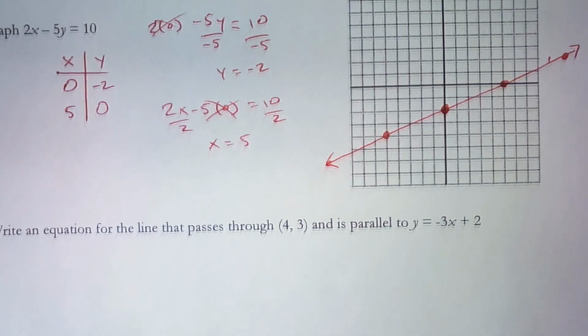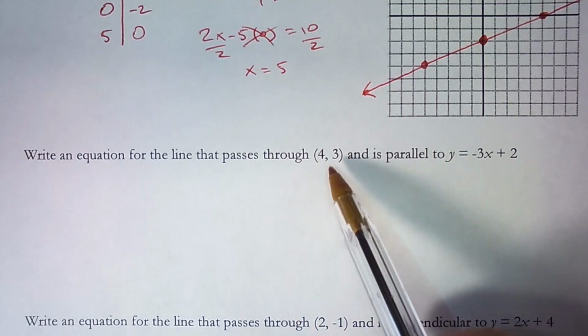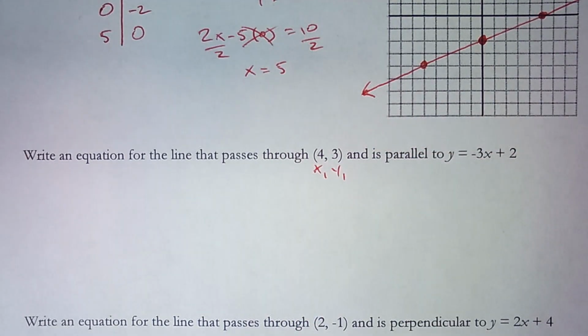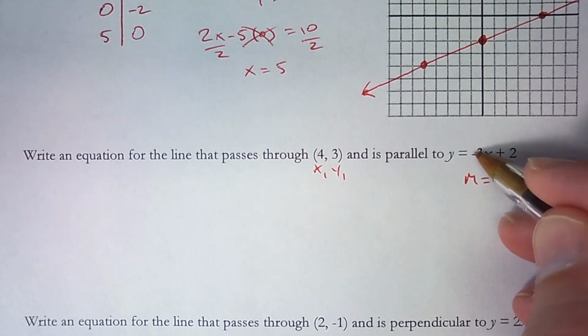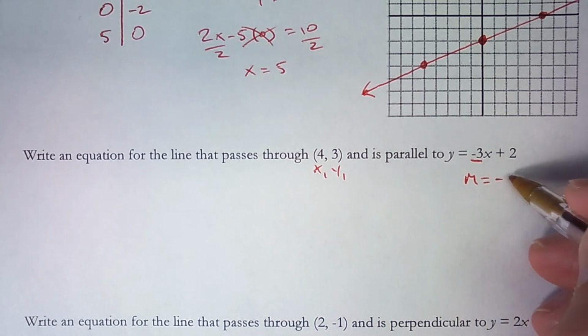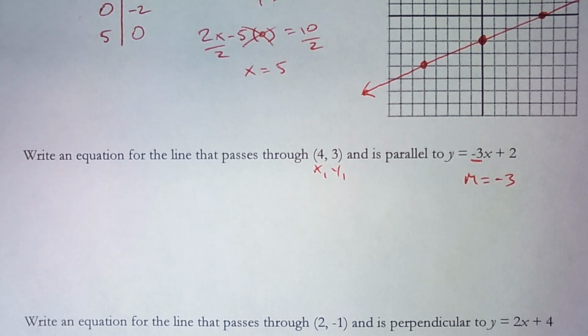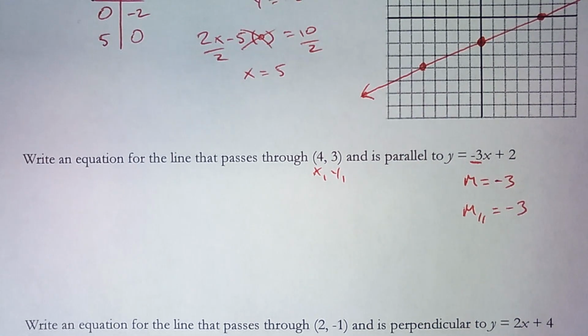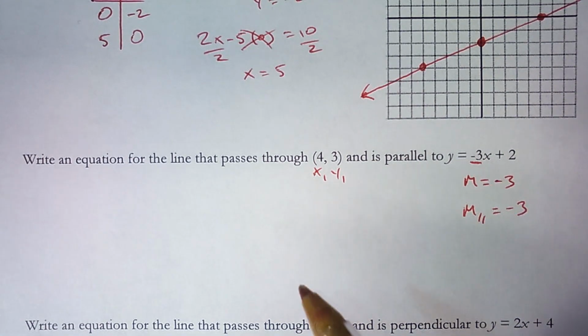Next, we're going to write an equation for a line. We have a point that it passes through, so that's going to be x1, y1, and it's going to be parallel to this line. So we need to find out what is the slope of this line. And the slope is right here. The slope is -3. So then what is the slope of a line parallel to that? Well, parallel lines have the same slope, so the slope of a parallel line is also -3. Now we're going to use point slope form.